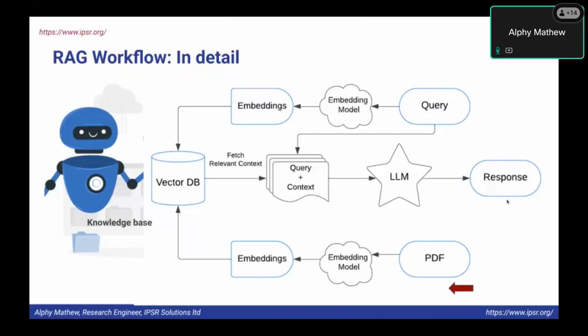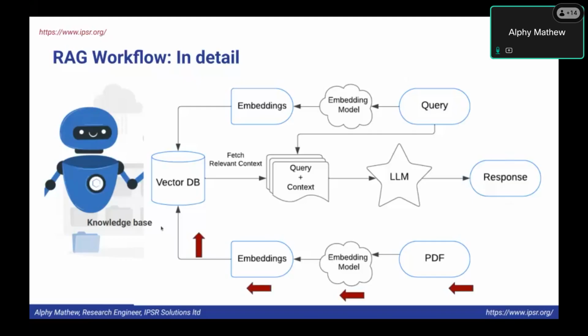Suppose our documents are PDFs, manuals or web pages. We take the documents and break them into chunks, and those chunks are given to an embedding model. Then we create embeddings, and those embeddings will be stored in a vector database, and this vector database will be our knowledge base.